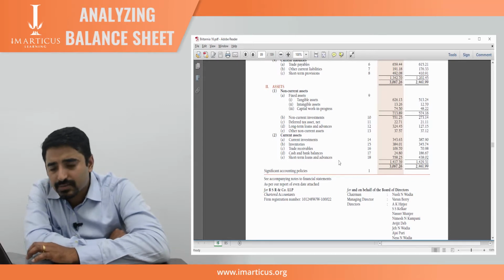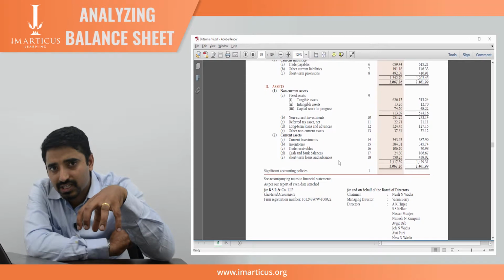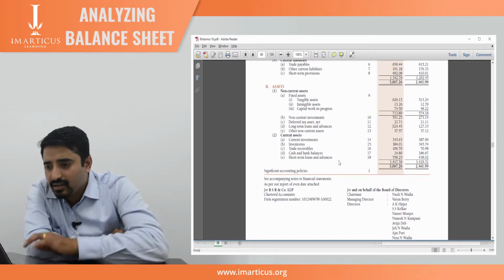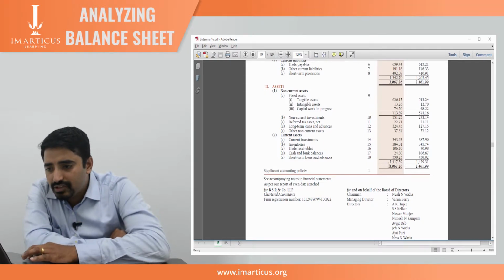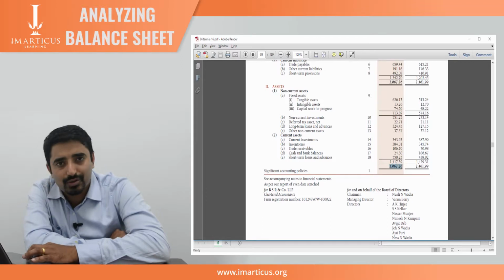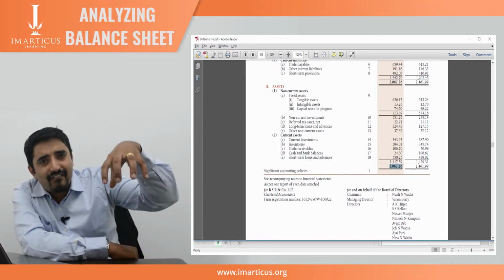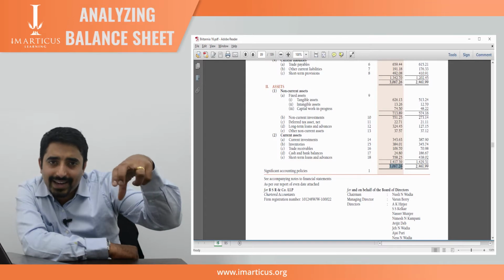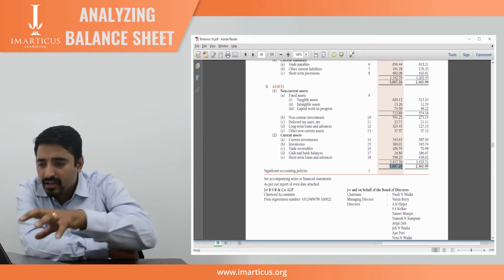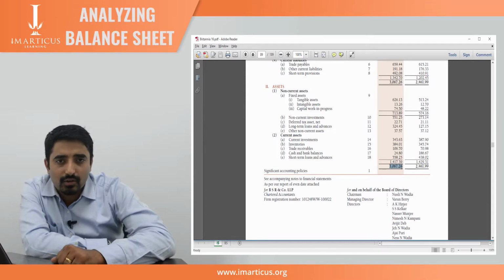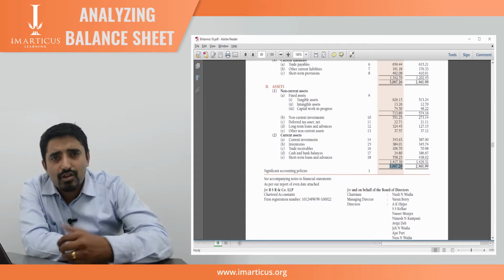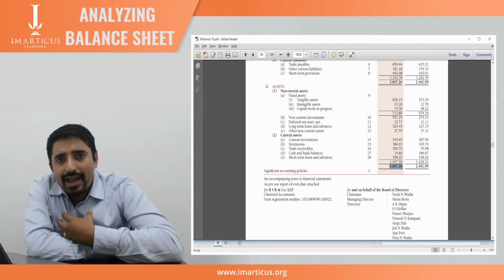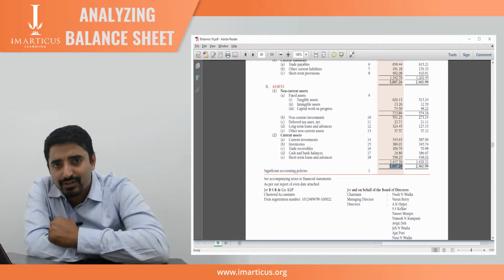So what you see is the total assets of Britannia is 3067 crores, which means everything owned by this entity, Britannia, is worth 3067 crores. Now think of it this way. Let us say I am a 100% shareholder of this company.